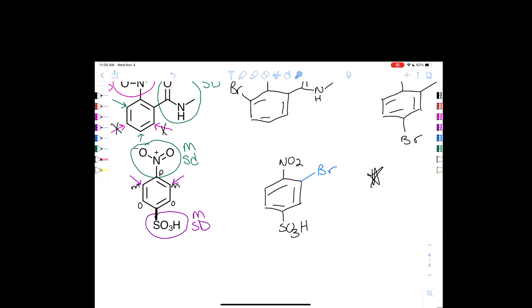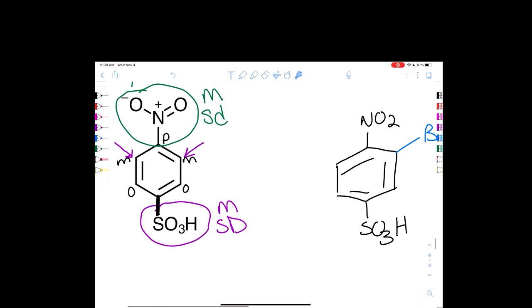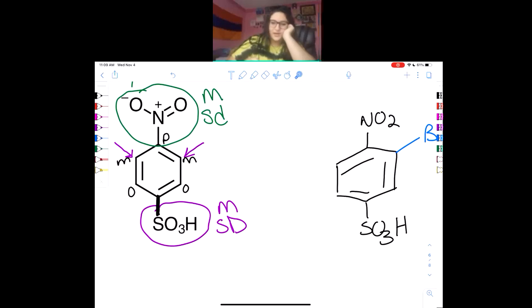And so for this one, like you said, well, okay. So for this one, I don't know what you mean by 63% versus 34%. But like in this case specifically compared to the purple one, the ortho position is going to be the least likely, or the para position's already taken.